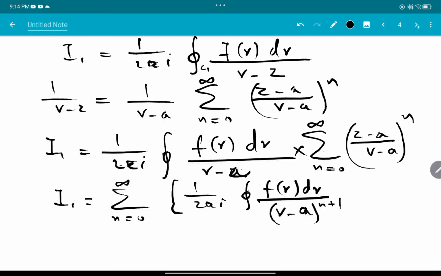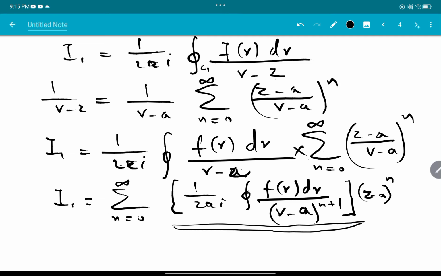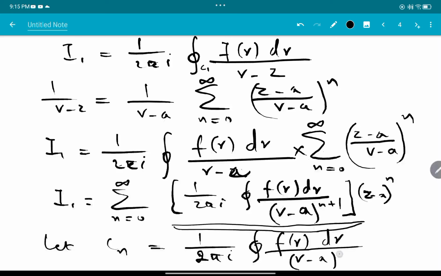Now what remains is z minus a whole raised to n. This quantity that is within the brackets, I will write as Cn. Let Cn equal 1 by 2 pi i integral of f(gamma) d gamma divided by gamma minus a raised to n plus 1.